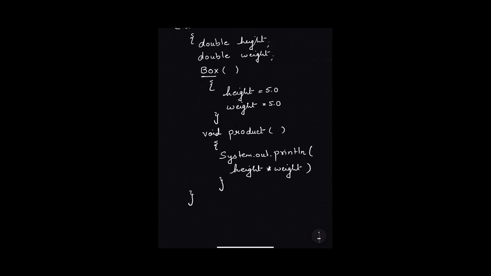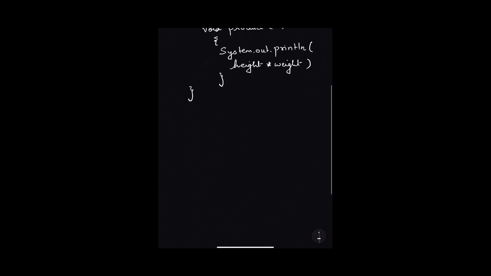Let us write another class. Let the class name be class box main. In this class, we are going to define our public static void main, string args.